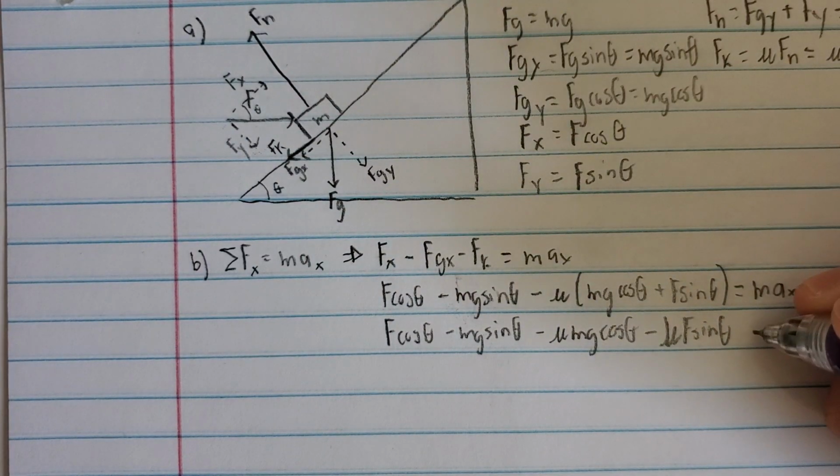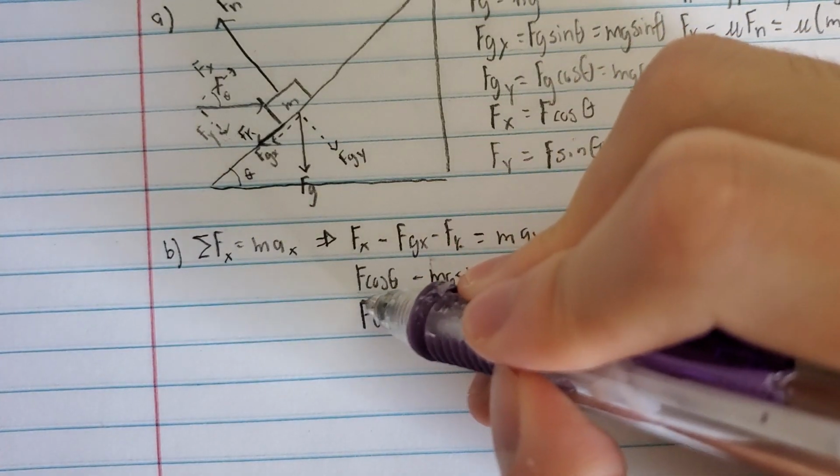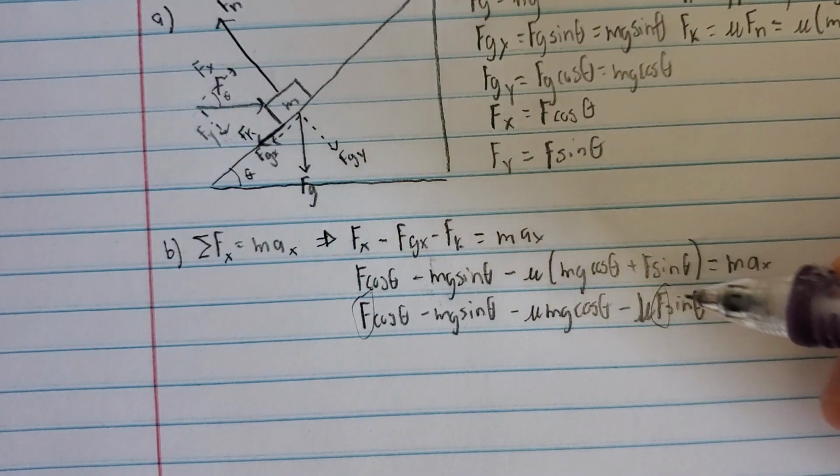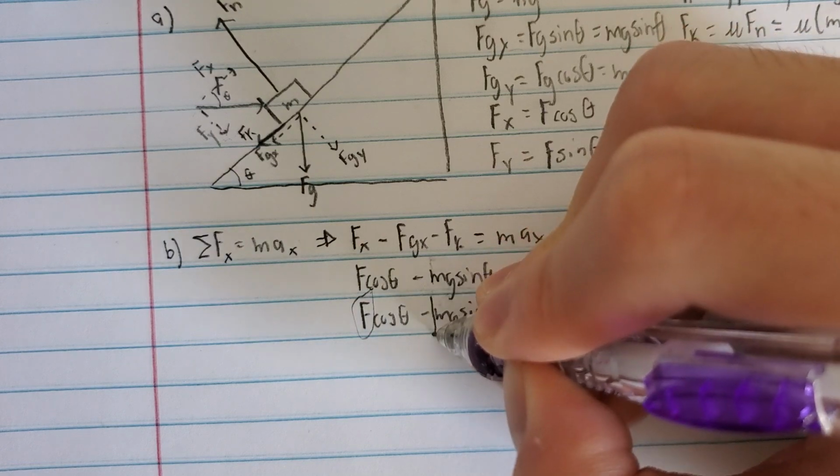That's the second. And that's all going to equal max. Okay, so right now, I'm going to group certain terms together. I'm going to group terms that have the same F, and I'm going to group terms that have mg together.